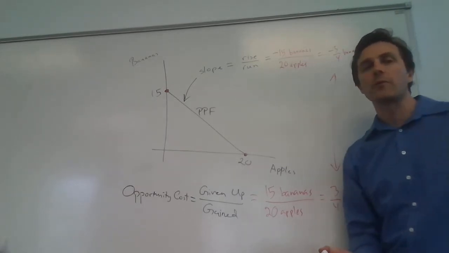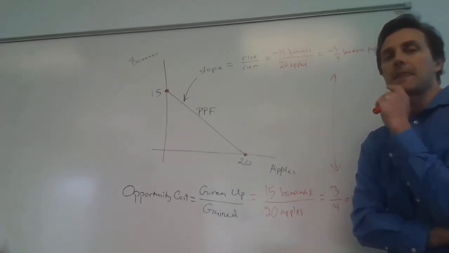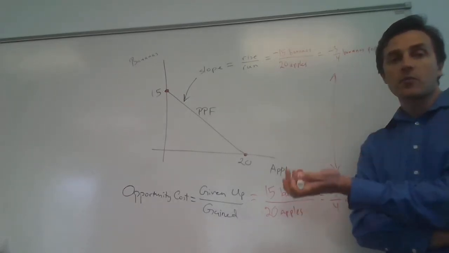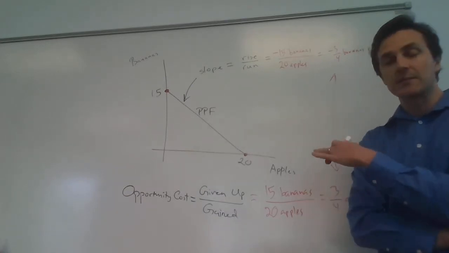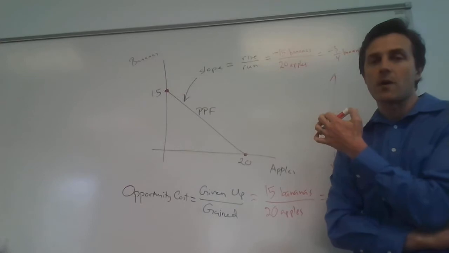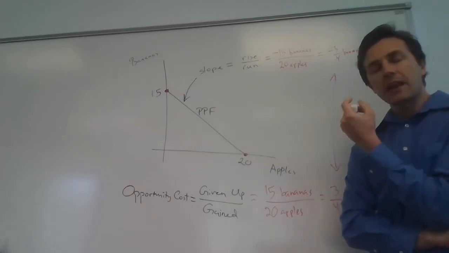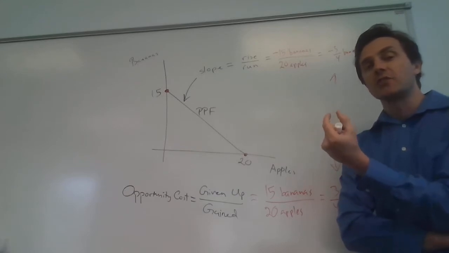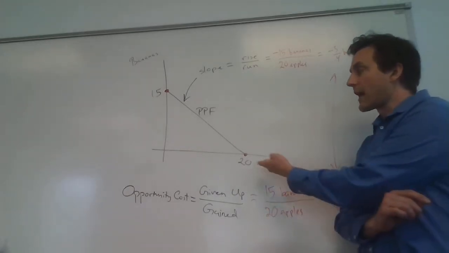Another thing I can illustrate with this example is that if you ever have a problem dealing with some goods, and it doesn't have to be apples and bananas, it could be generic X and Y type goods, and you have to calculate the opportunity cost of a certain good, then you want to put that good on the horizontal axis.